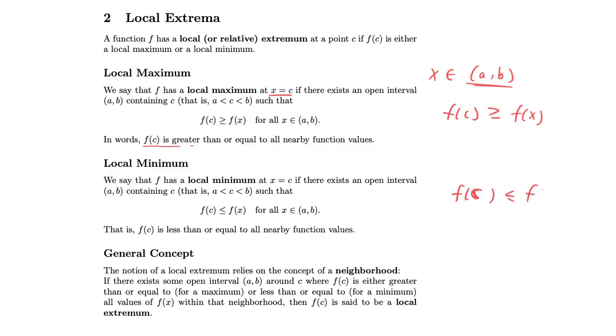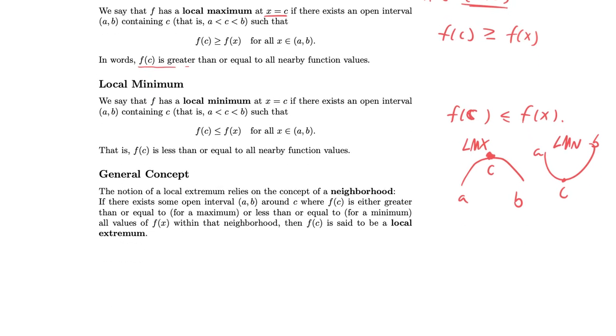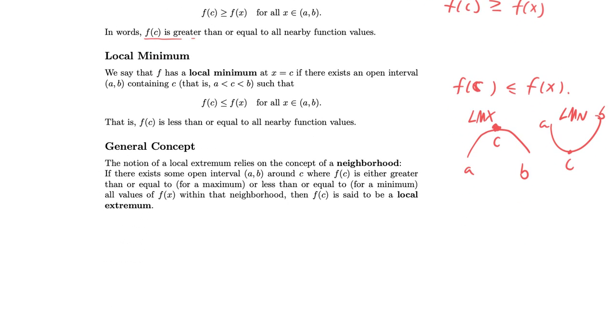So if this particular c is greater than everyone else from a to b, like this, or it's smaller than, then we call this a local maximum, and we call this a local minimum. Right, and the notion of a local extremum relies on the concept of a neighborhood.